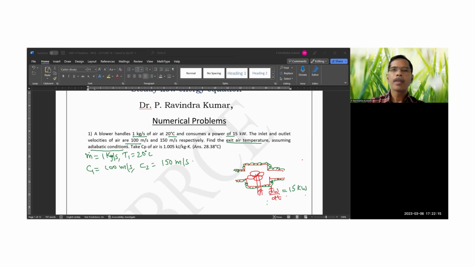How are you going to find the exit air temperature? The mass flow rate is given. So what is the steady flow energy equation you are going to write?